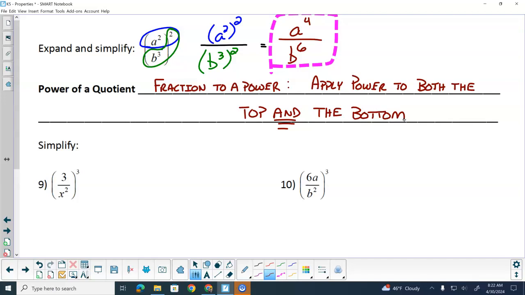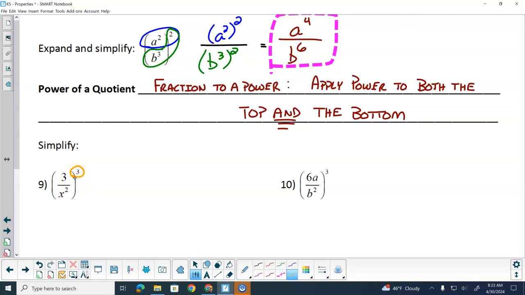Okay? So, in number 9, we've got 3 over x squared, and that is all being taken to the third power. So I've got to apply the power. My power is outside.